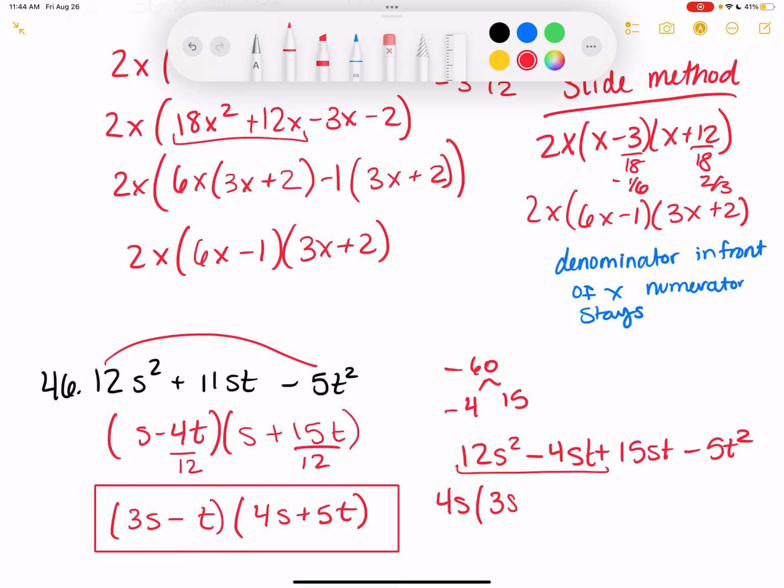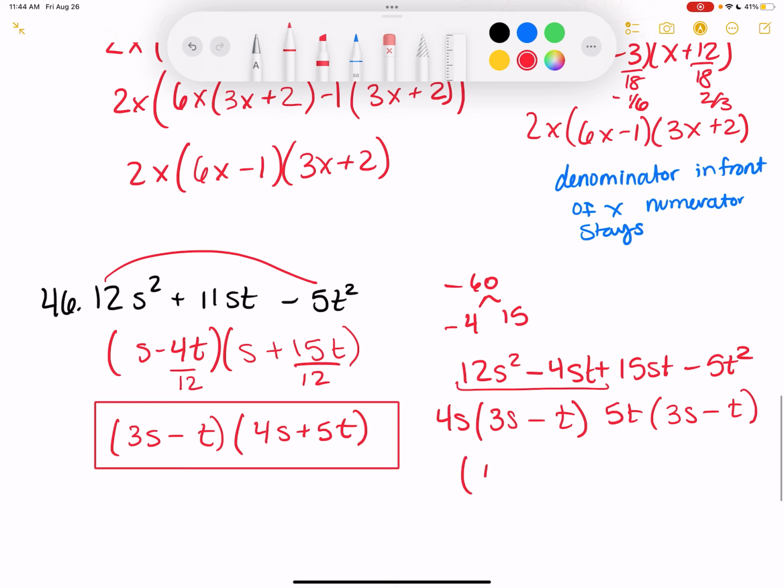You'll put 4s plus... I mean minus t. That's what I meant. Because I accidentally took out a negative. Okay, 5t times 3s minus t, and 4s plus 5t. Oh, look at that. Same answer. So nice. I like that one better.